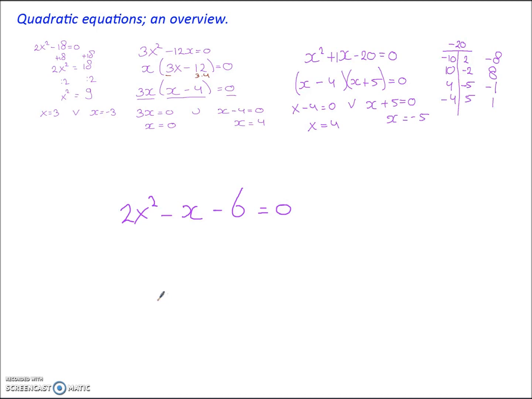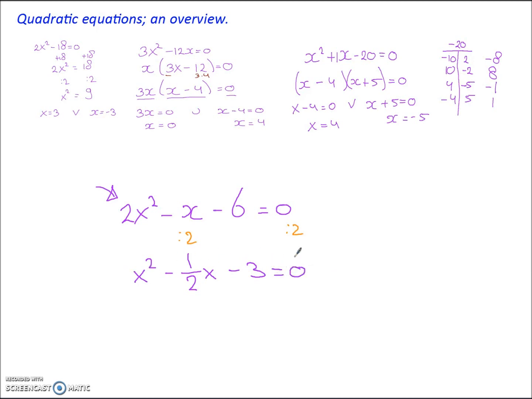So in this case, if we want to use the product sum method, we first have to get rid of this 2. We can do that by dividing both sides by 2. But if I do that, I obtain x squared minus a half x minus 3 is equal to 0.